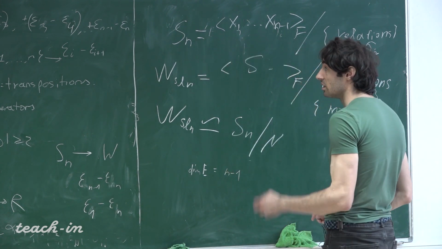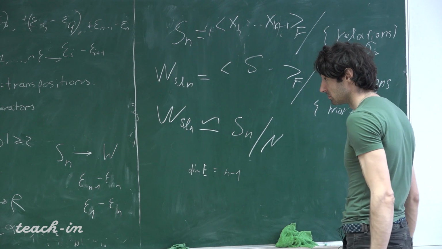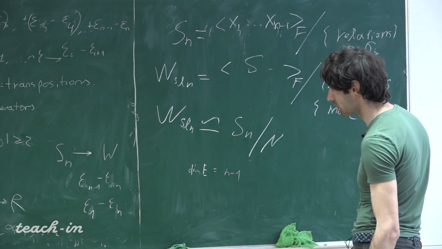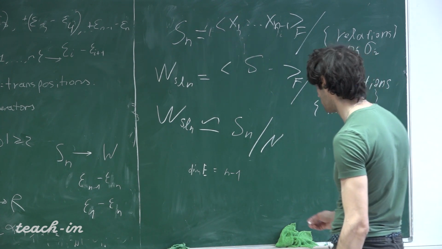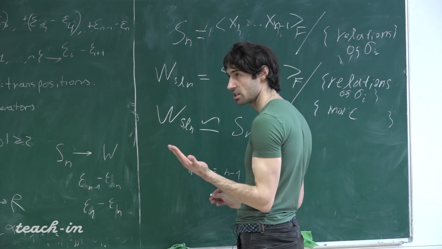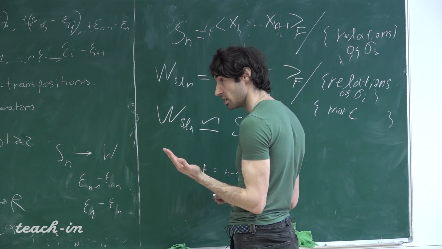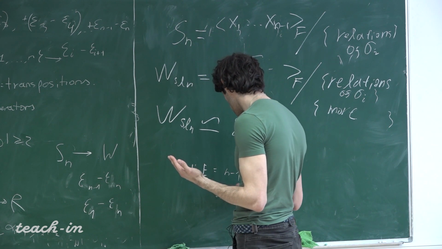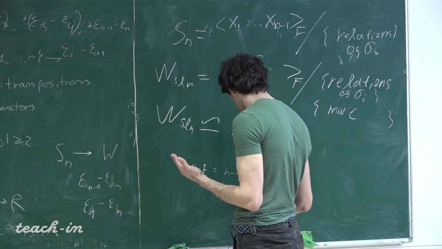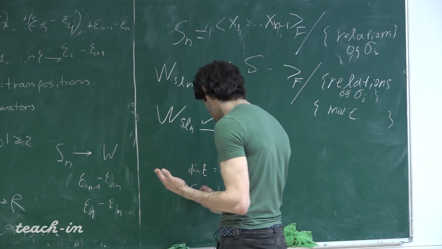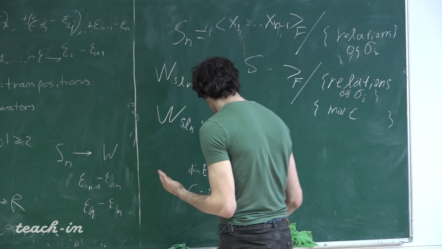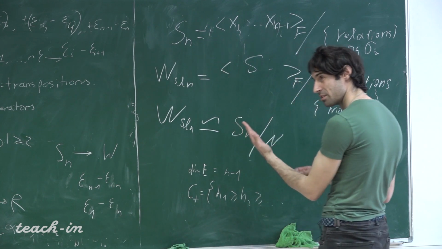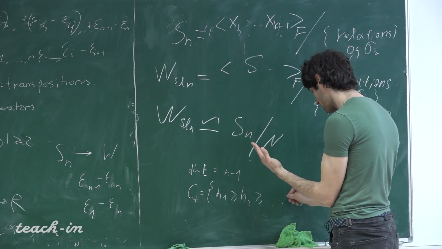And then we actually consider subspaces in diagonal matrices, traceless diagonal matrices, right? Such that H1 is greater or equal than H2. So this is C+. These are diagonal elements of my matrix.